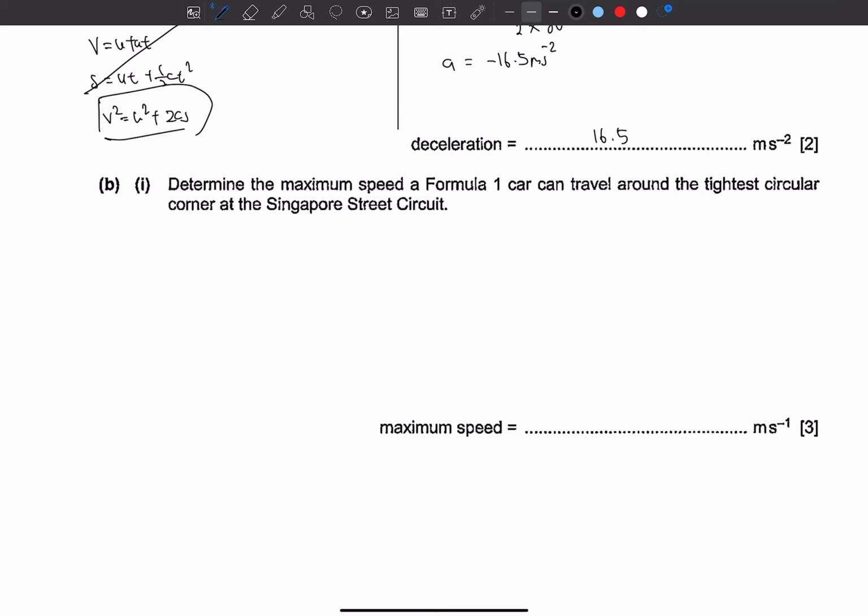So in this case, when a car goes in a tight circular corner, the frictional force provides for centripetal force. Okay, so the centripetal force experienced is mv squared over r.